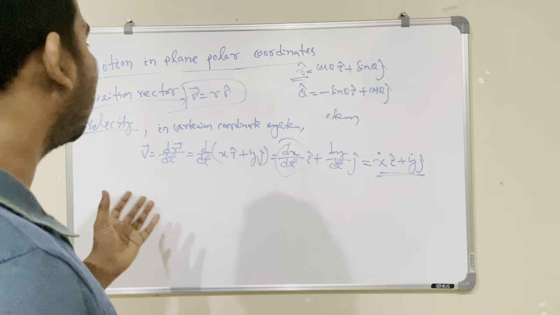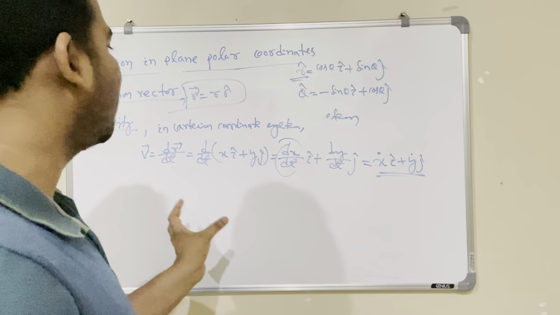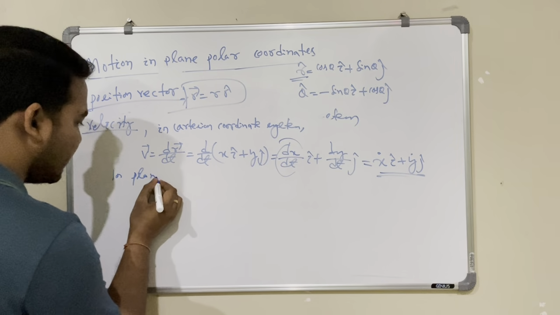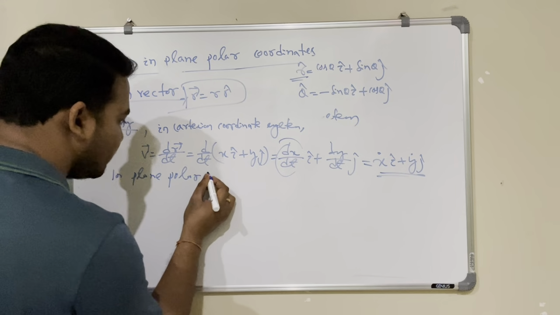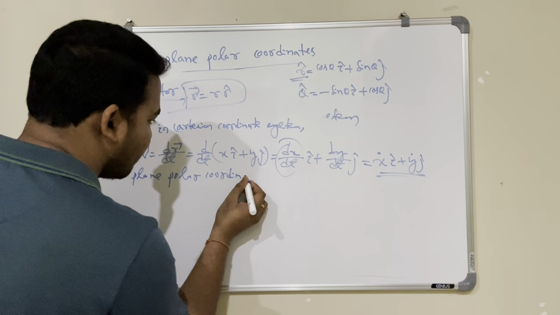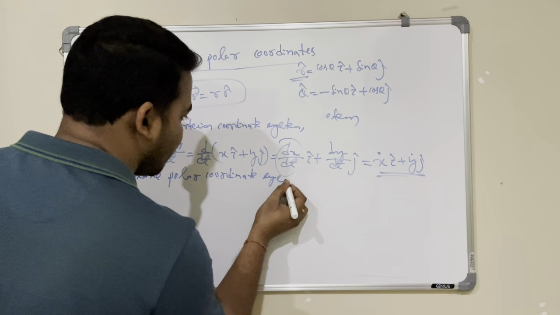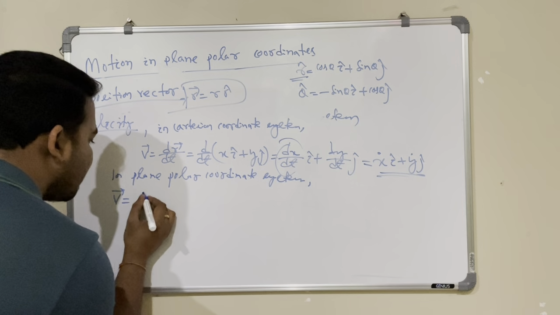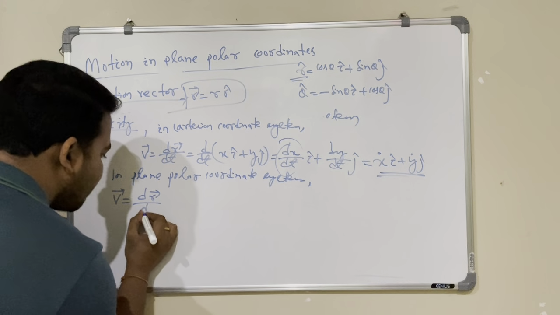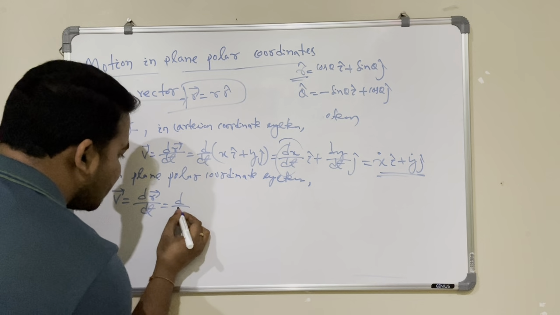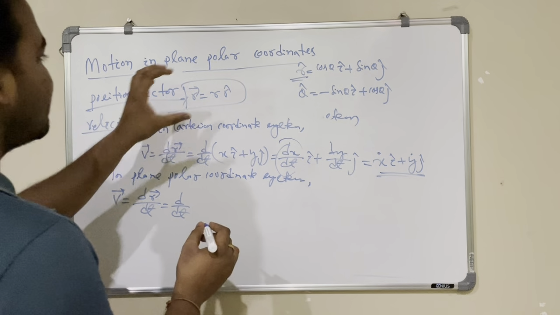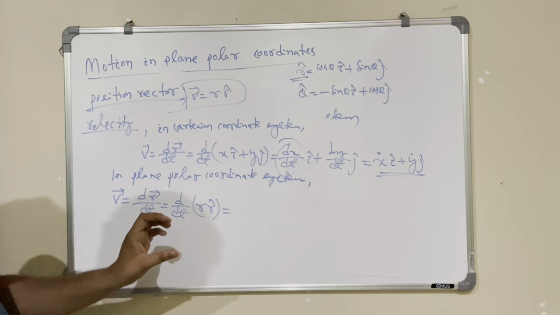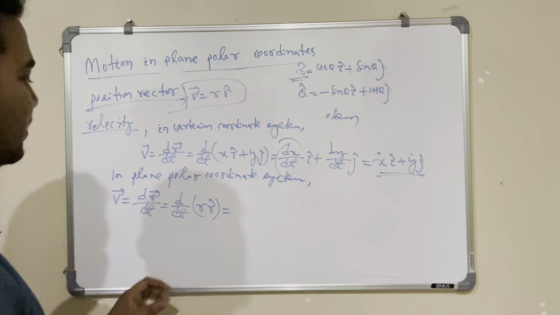In a similar manner, we can calculate the expression for velocity in polar coordinate system. In plane polar coordinate system, the velocity is the time rate of change of position vector. So this is d by dt of, and the position vector is r r cap. We can apply the product rule here for differentiation.